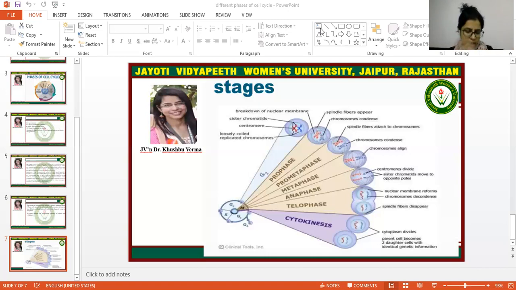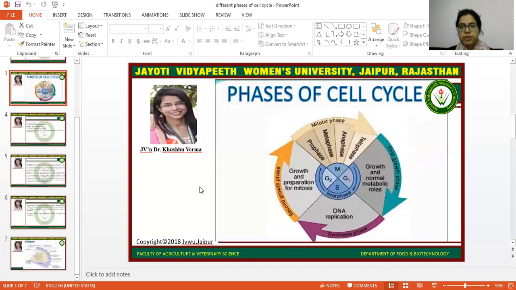So this is the complete cell cycle, where we have already discussed that the cell cycle is majorly divided into M phase and interphase. Interphase is again subdivided into three phases: G1 phase, S phase, and G2 phase. G1 phase is the first growth phase and the longest phase of interphase.